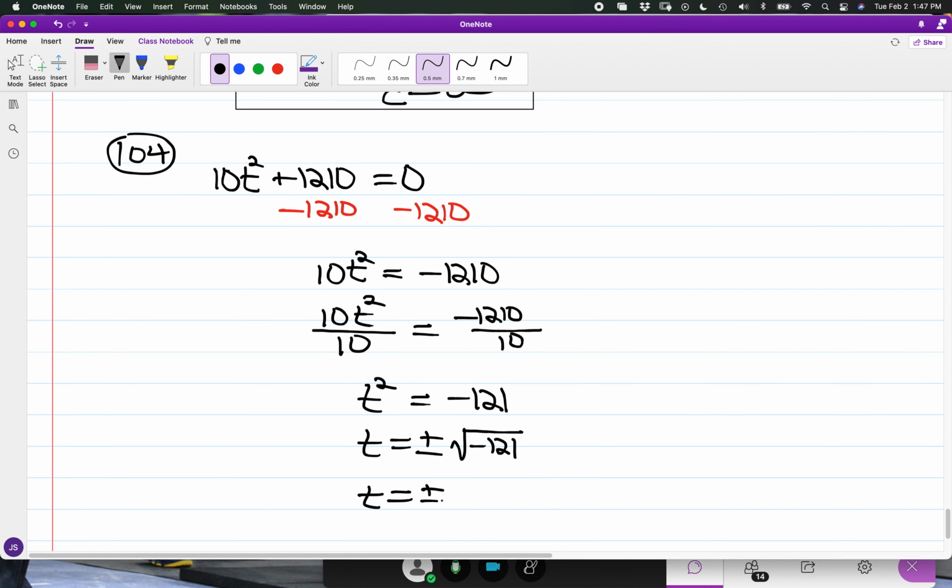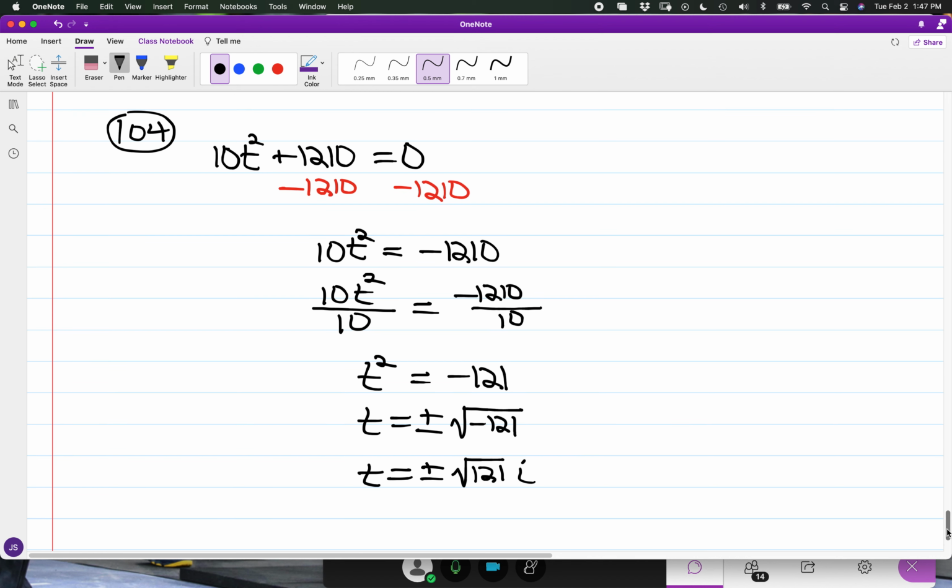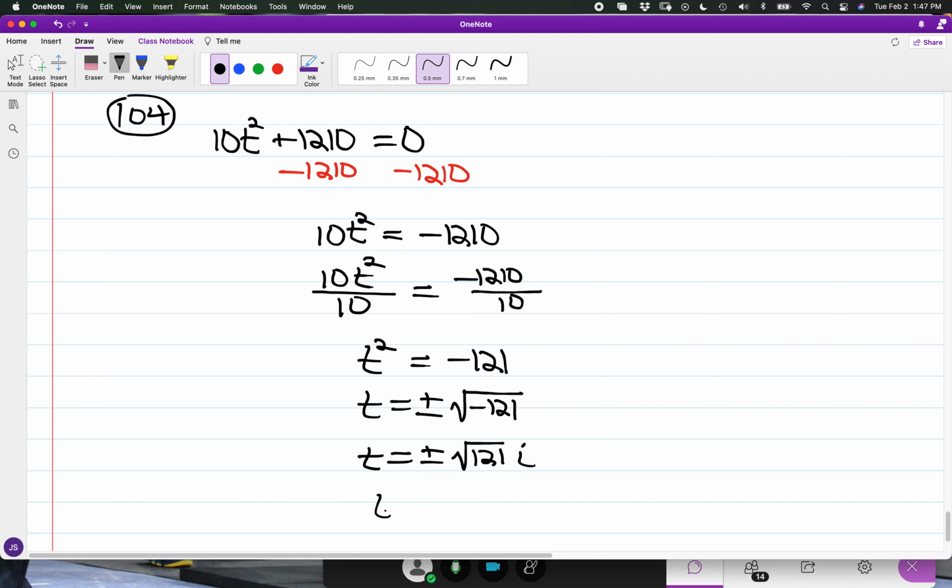If you've already got the answers, that's fine. I just want to mention you have the square root of 121i. 121 is a perfect square, so with t, we have plus or minus 11i. Itemizing, you have 11i as well as minus 11i.